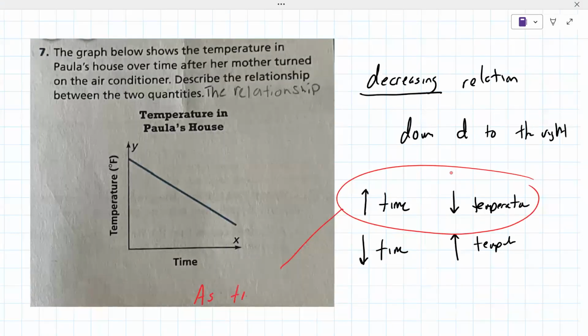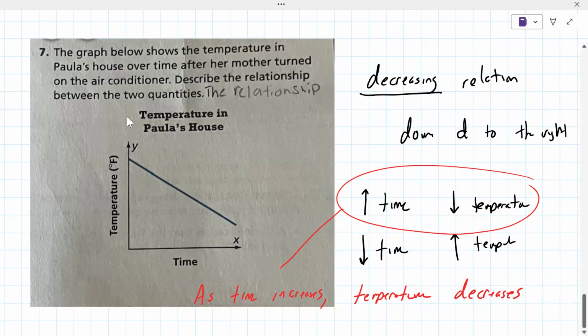As time increases, what can you say about temperature? Does it go up or down? It goes down. Temperature decreases. And that's what they're looking for. Your teacher wants you to write a sentence to describe it.